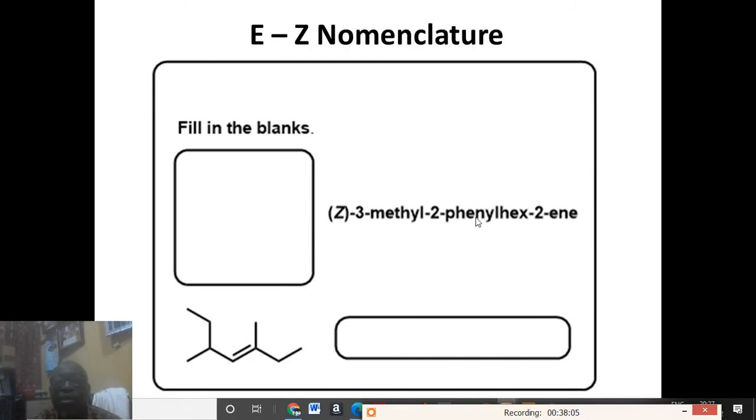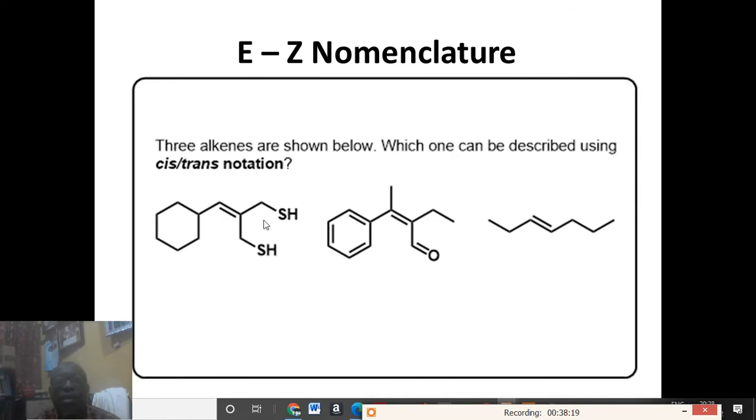We have this name here, Z-3-methyl-2-phenylhex-2-ene. Draw the structure. Then you have this structure, write the name. Here's another exercise for you to practice. Three alkenes are shown below. Which of these can be described using cis-trans notation?